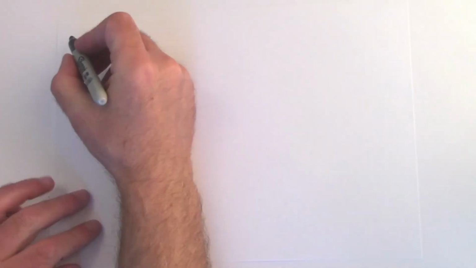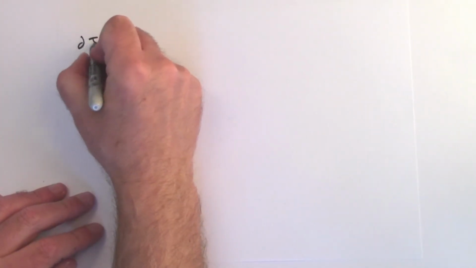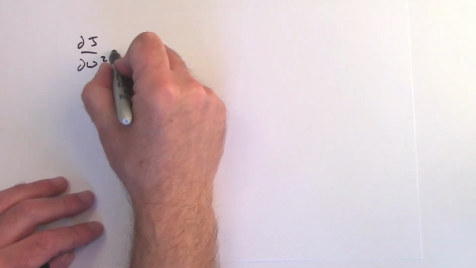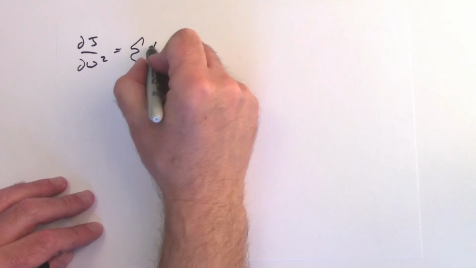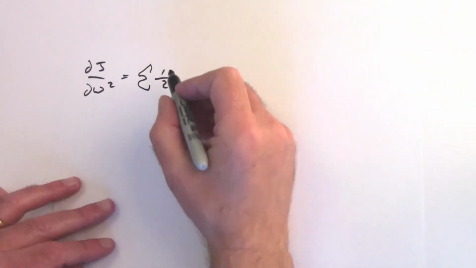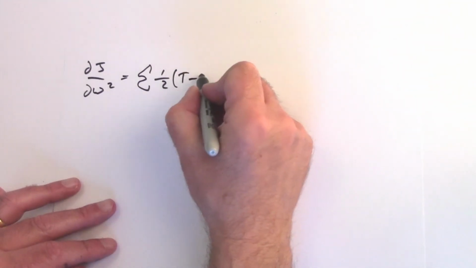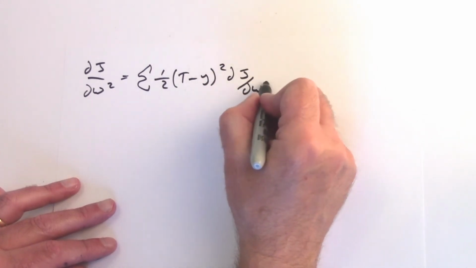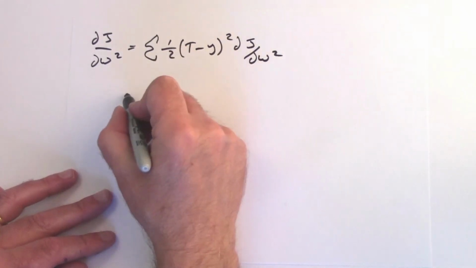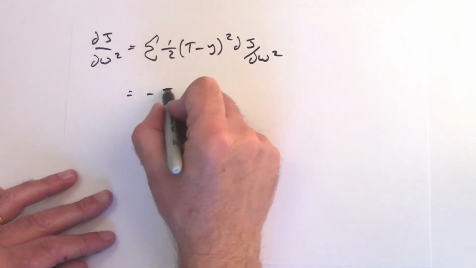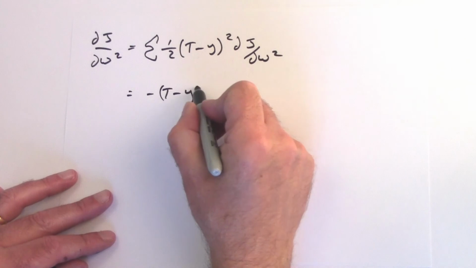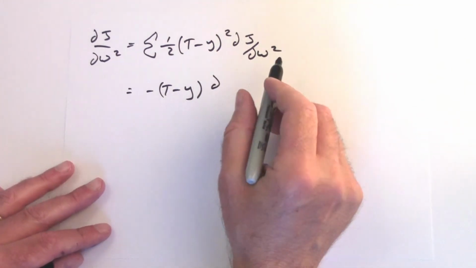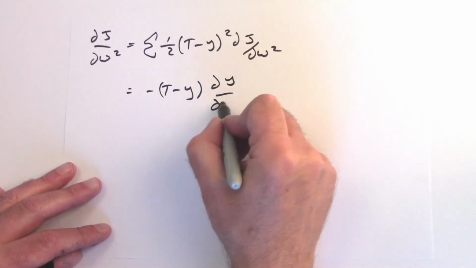So now we need to calculate dJ by dW2. As before, the cost function is (t minus y) squared, and again ignoring the summation, we end up with dy by dW2.